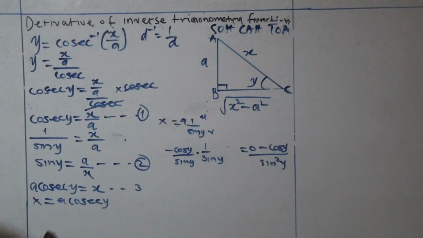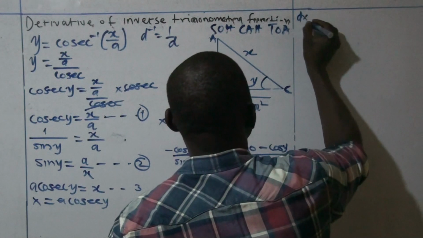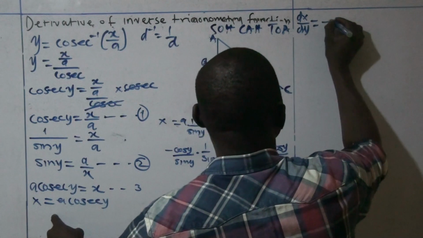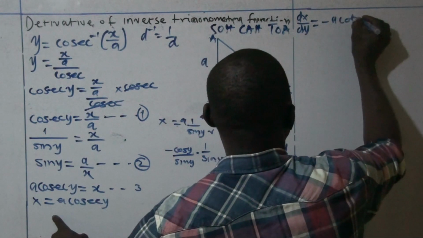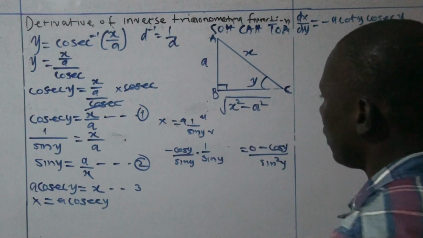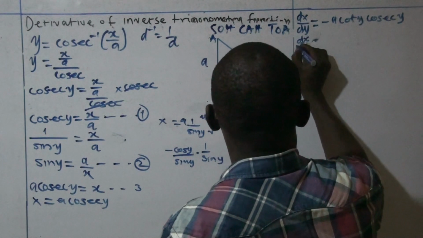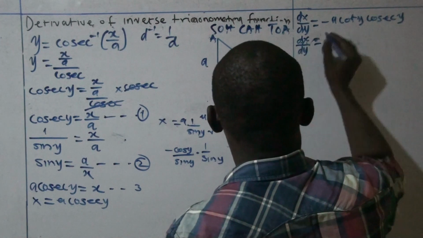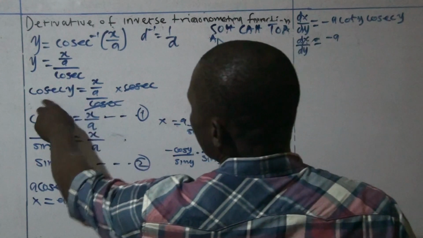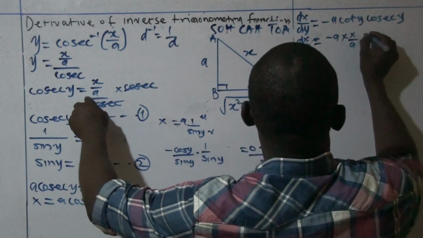Now if we find the derivative, dx over dy becomes minus a cot y cosec y. Here we know that cosec y is x over a. We put it here, times x over a.